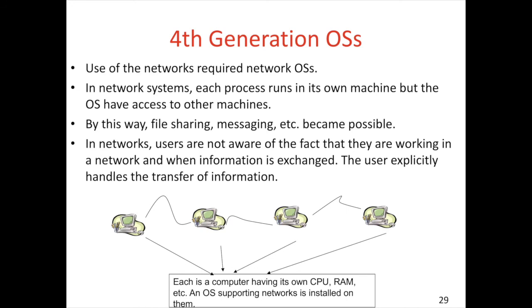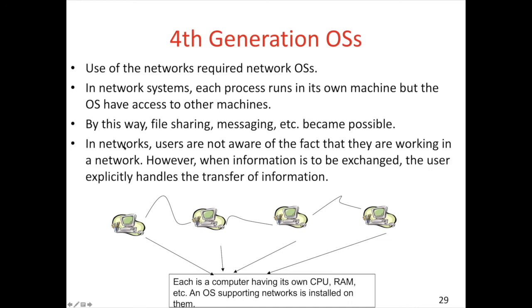Networks of computers were generated, and the use of networks required network operating systems. In network systems, each process runs on its own machine, but the operating system has access to other machines. In this way, file sharing, messaging, etc. become possible.